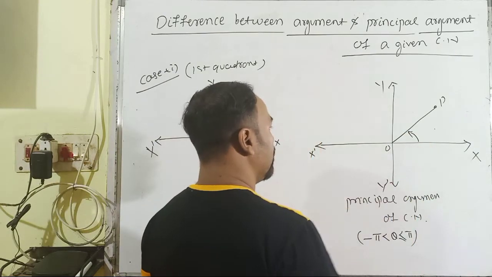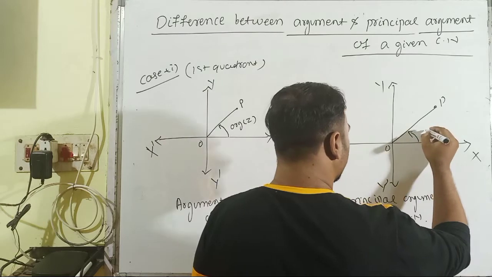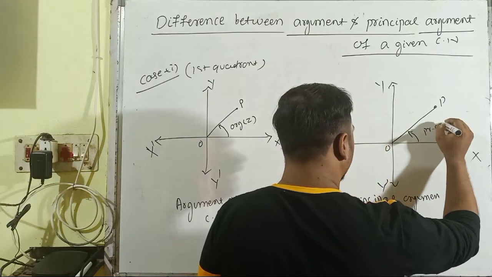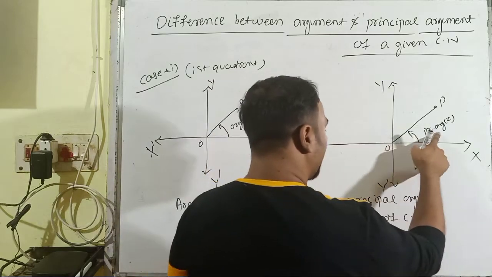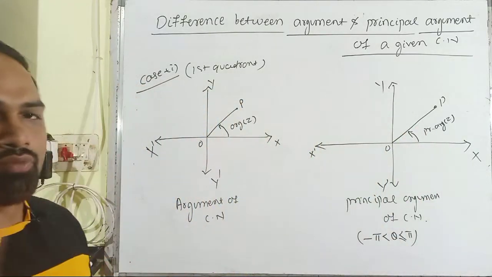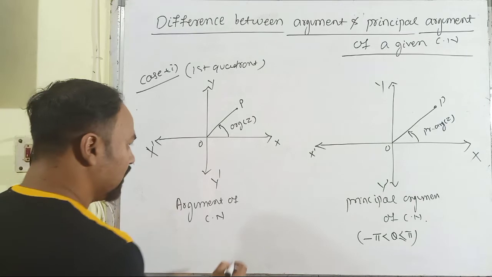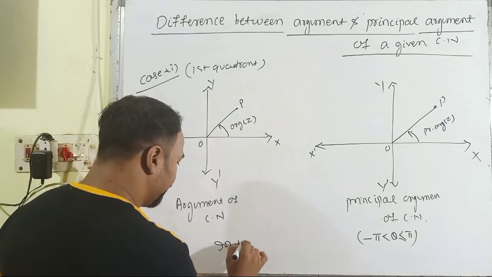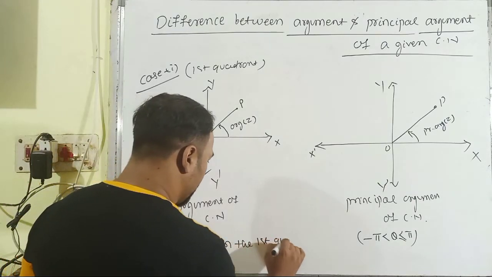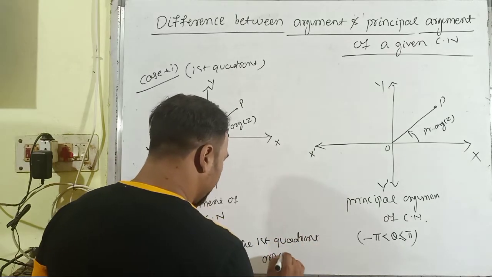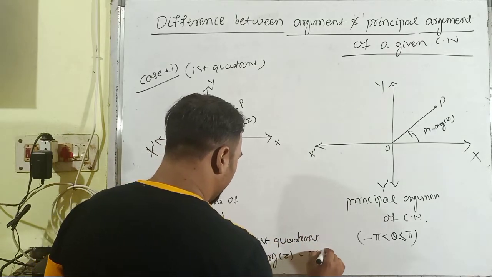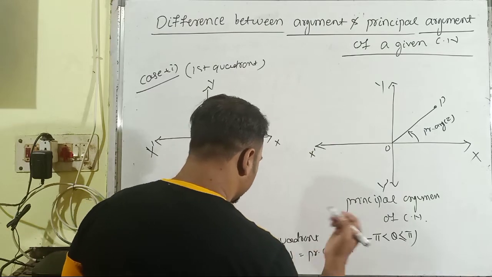So here also is the principal argument of z. That means the argument of z and the principal argument of z are the same here. That means in the first quadrant, the argument of z is equal to the principal argument of z.